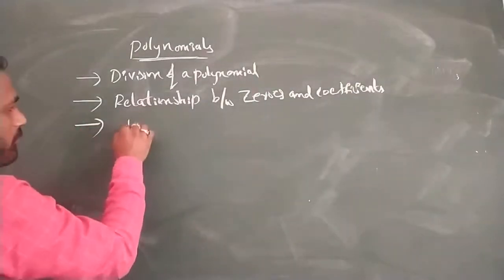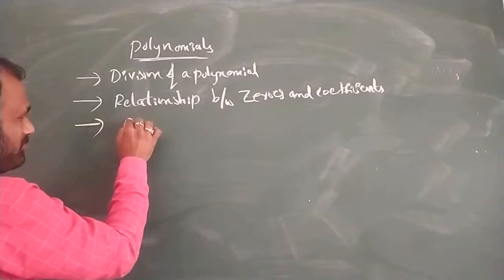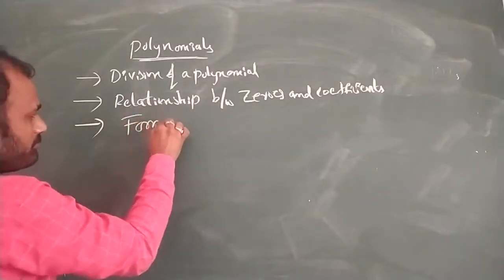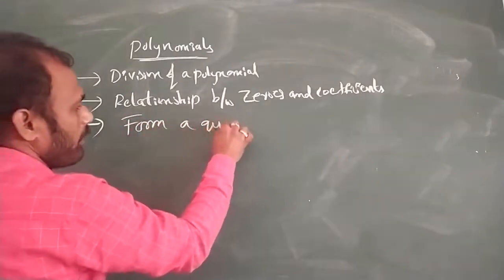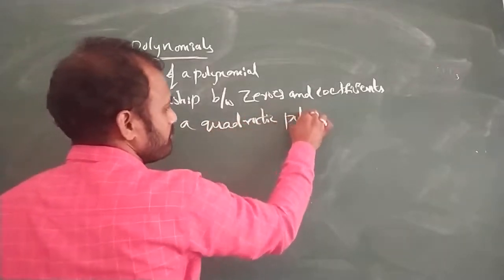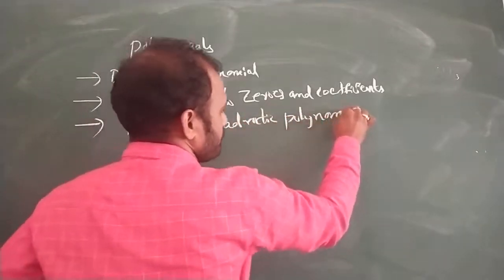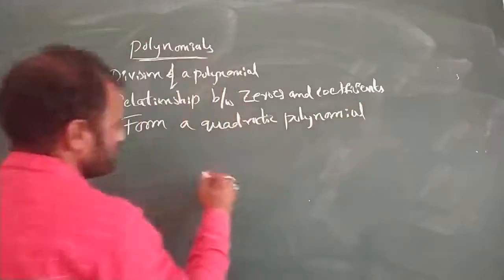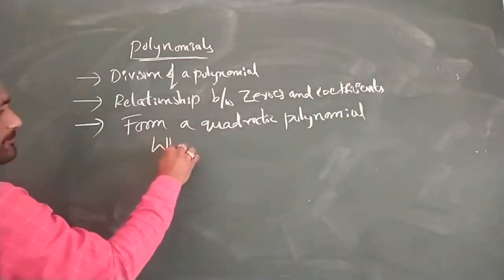Next we have formed a quadratic polynomial when zeros are given.